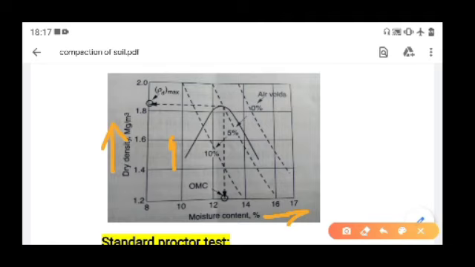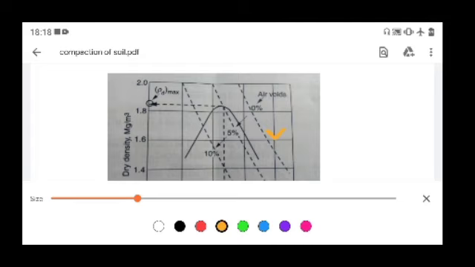After increasing the water content beyond a certain limit, the dry density decreases. The point at which the dry density of the soil is maximum, the water content corresponding to this point is called the optimum moisture content. This is called the air void line.